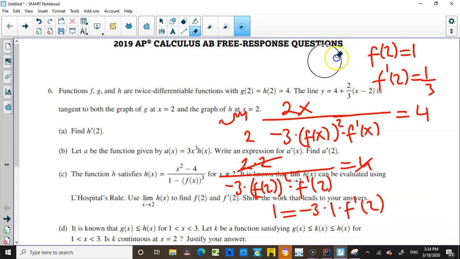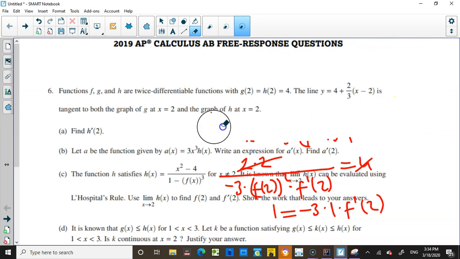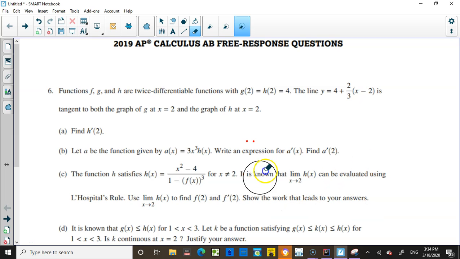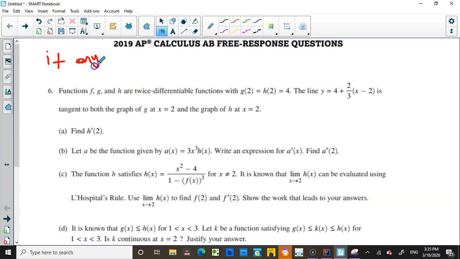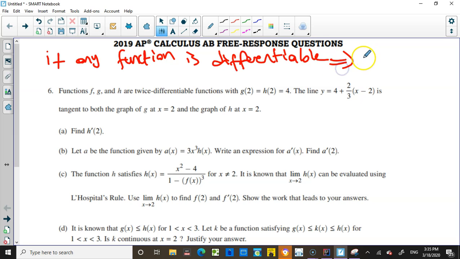So part D is a great application of the squeeze theorem. According to the squeeze theorem, if you remember that. So we know that since g and h are differentiable functions, if any function is differentiable, that also implies that the function is also continuous.